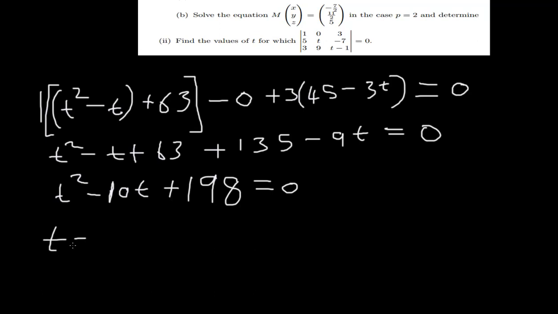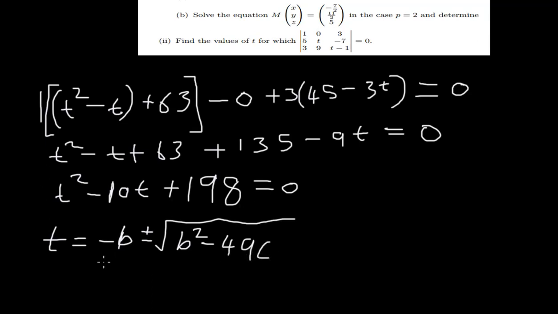So t is equal to negative b plus or minus the root of b squared minus 4ac, then everything divided by 2a. So this is how it's going to be.